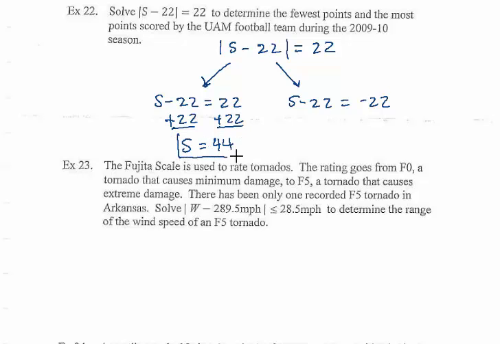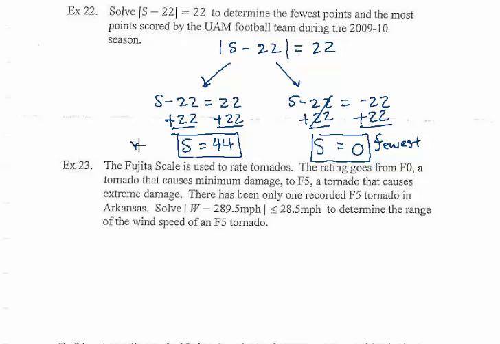We get s equals 44, and for the other equation, by adding 22 to both sides, we get s equals 0. So from here you can probably guess what the lowest and the most points scored were. Fewest was 0, and the most was 44.